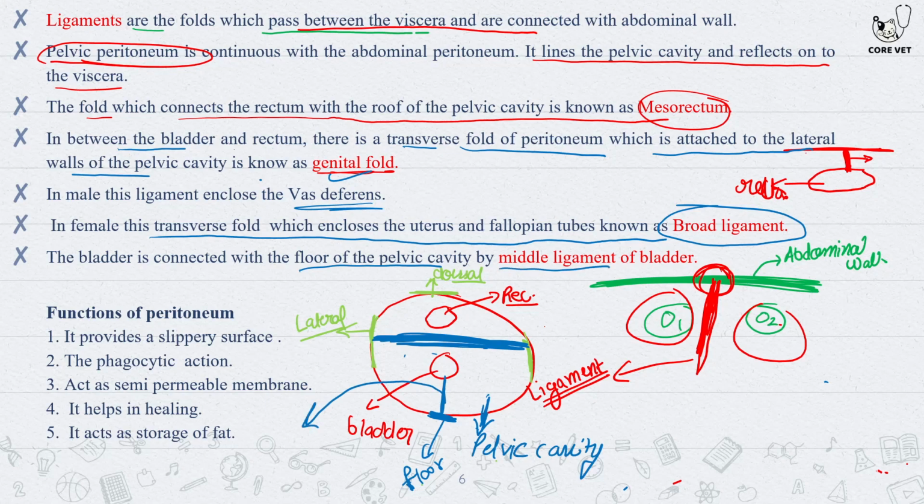I hope these slides are clear to you all. Now coming on to the functions of the peritoneum. First of all, it provides a slippery surface. It has some phagocytic action. I had told you earlier it contains lymphocytic cells and macrophages, present in the fluid secreted by the mesothelial layer.